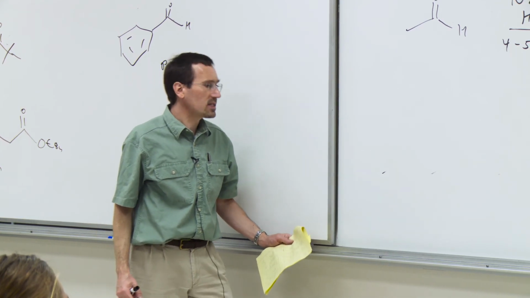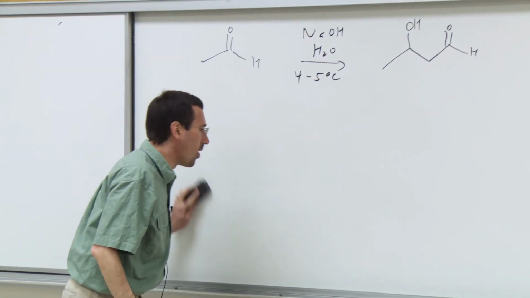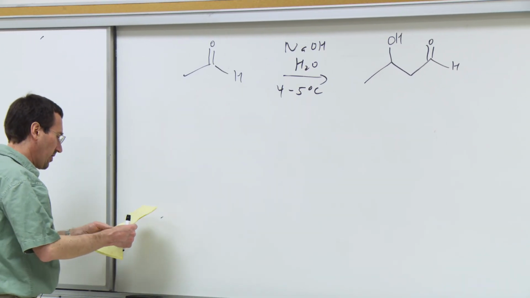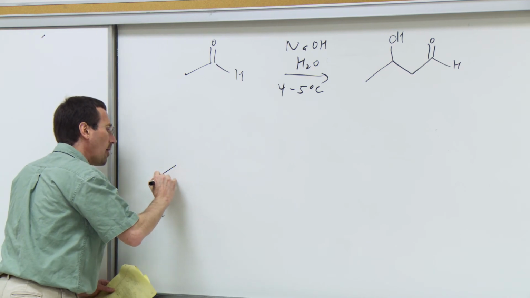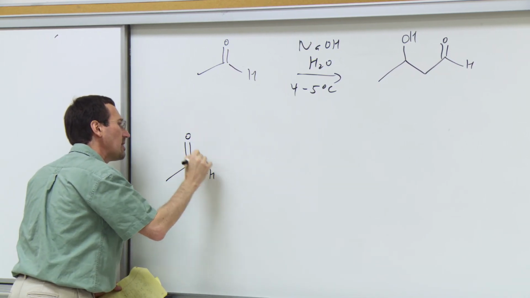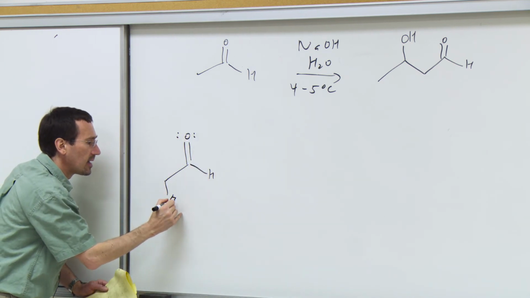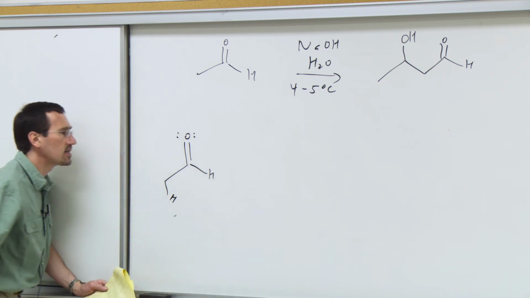And what I want us to do is to be able to write curved arrows. You should all be able to write curved arrows for this mechanism. I'll be good at first and then less good later on, with some deliberateness in writing my curved arrow mechanisms.